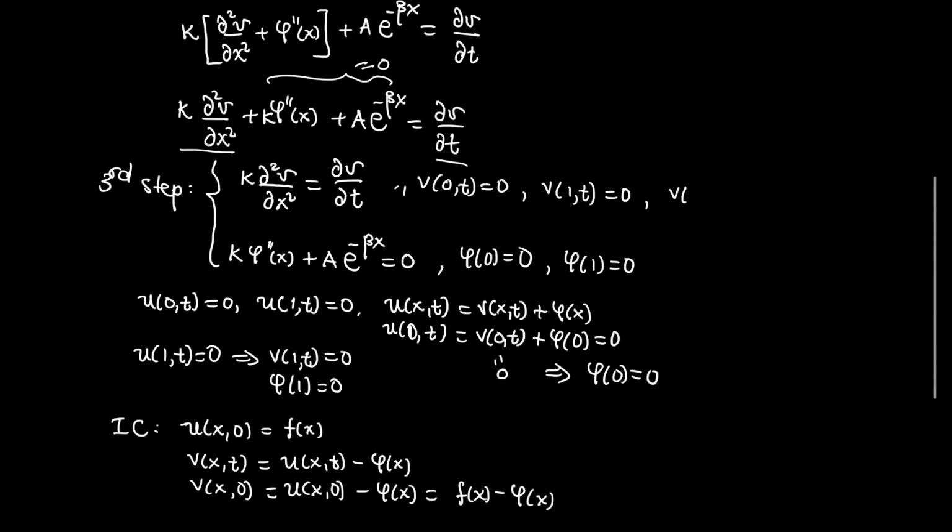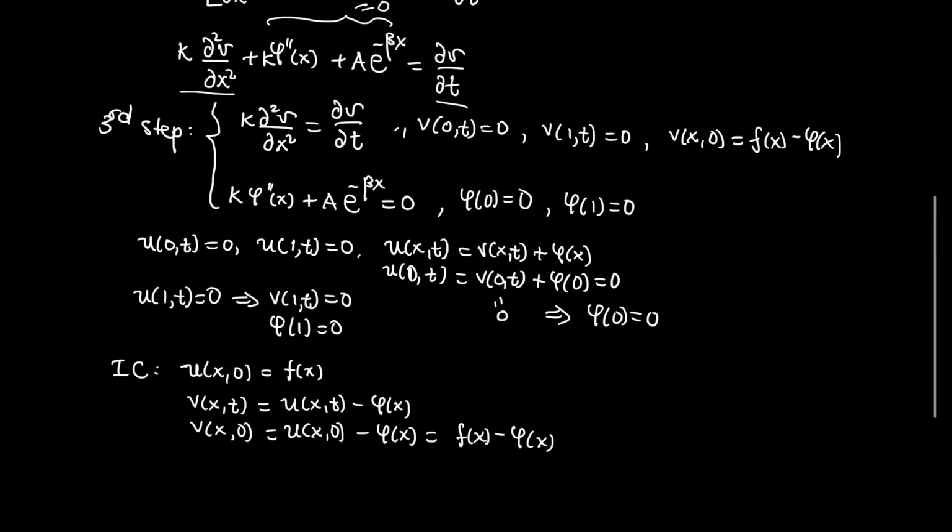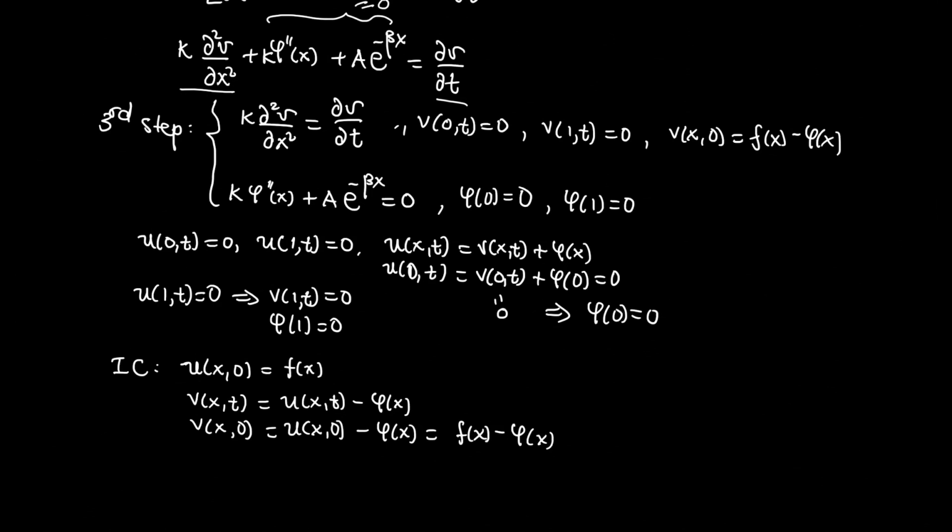Okay, that's the third step. So you pretty much have two equations. You have one problem to solve and a second problem too. So you need to solve them separately and then just add them to get your u. That's all.